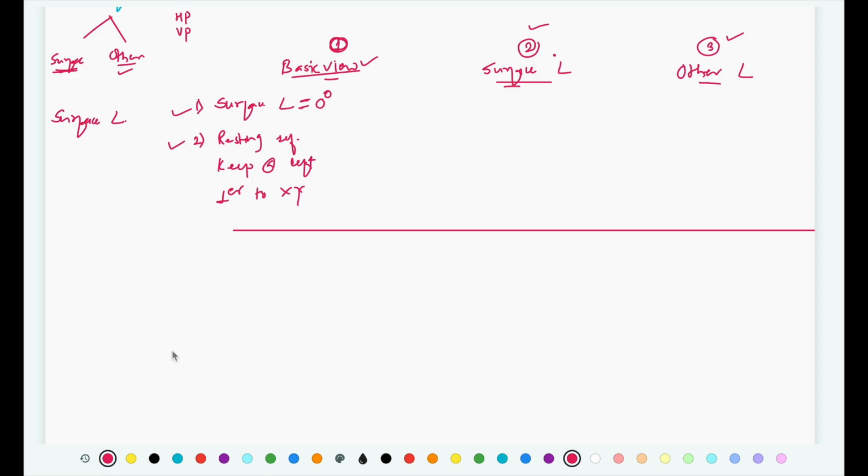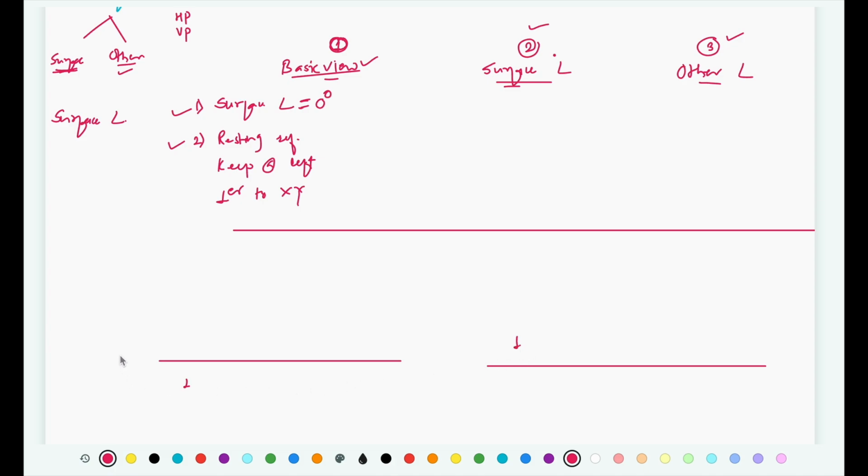Now when you are going to draw a solution, there are going to be two scenarios. Either the first step of the solution you will get in top view, or the first step of the solution you will get in a front view.